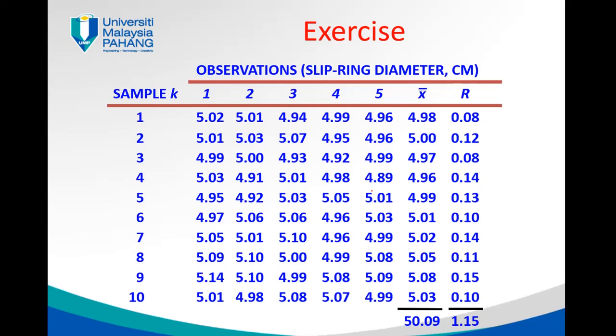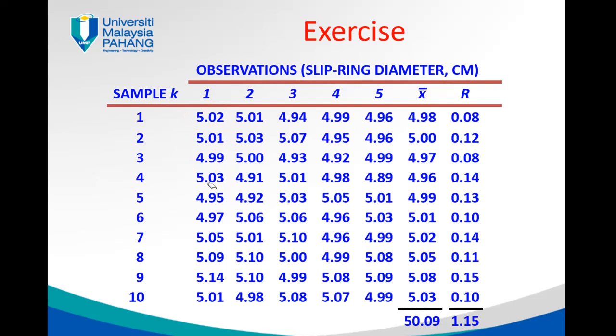You cannot just draw one chart. You need to understand what type of chart needs to be drawn based on the given data. Based on this data, we know these are variable data, so for variable data we definitely need to use the x double bar and R chart.